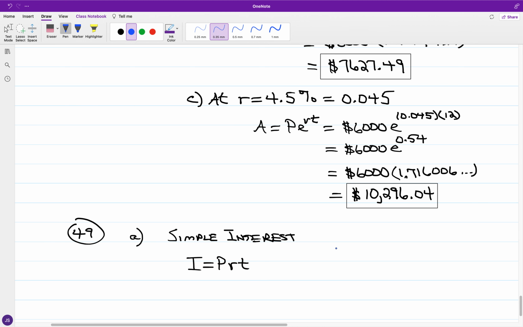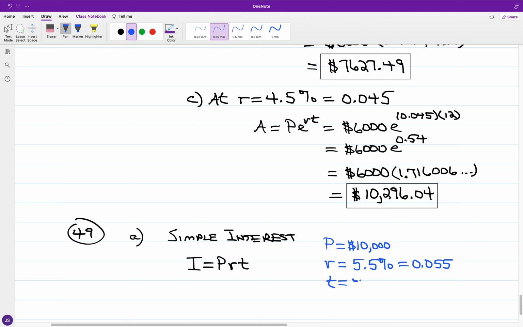Again, the principal is what she is borrowing. For the rate of interest, the quoted percentage rate, about 5.5%, again writing it as a non-percent decimal, we'll come out to 0.055.